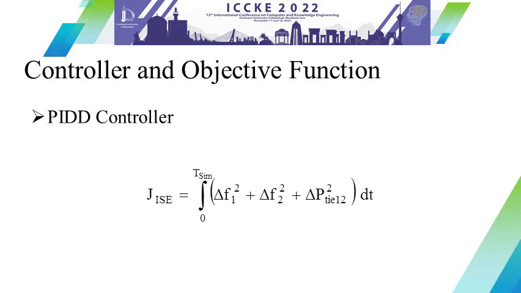To enhance the performance of a classical PID controller, this PIDD controller has emerged. It is nothing but classical PID plus an additional double derivative gain, whose design structure is similar to that of PID and exhibits a better performance than a classical PID controller.